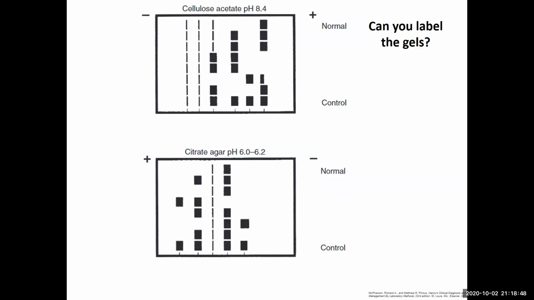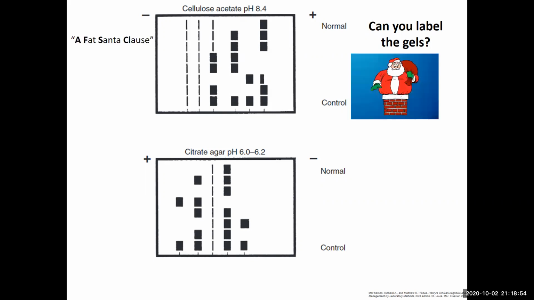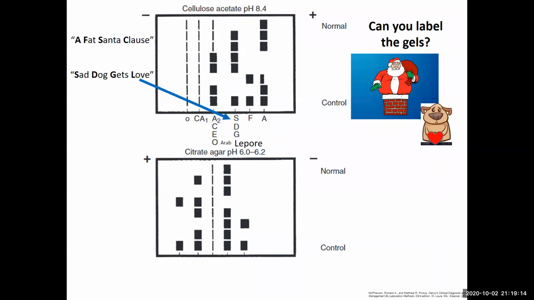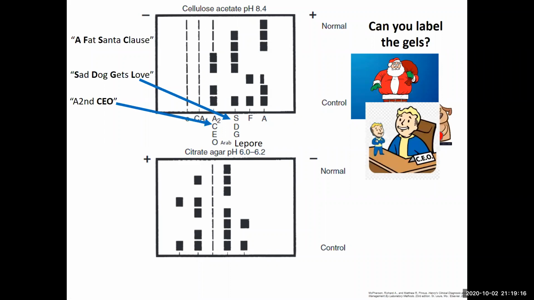What I learned in my residency was a fat Santa Claus, and it goes from positive to negative on all my mnemonics. Basically a fat Santa Claus, and then you see there are all these mnemonics attached to S and A2. I learned this as sad dog gets love and a second CEO.